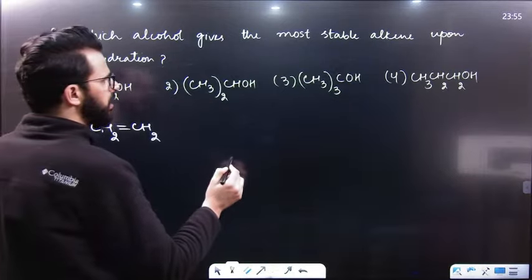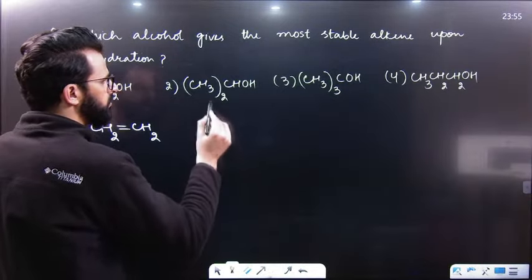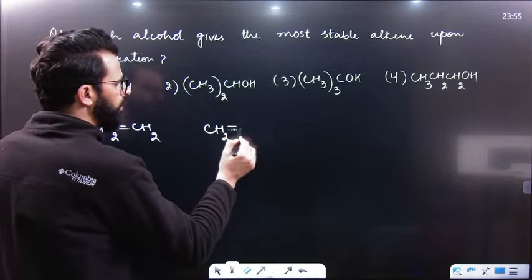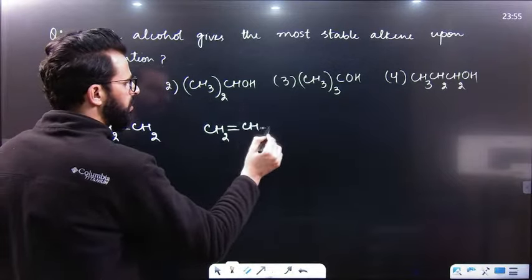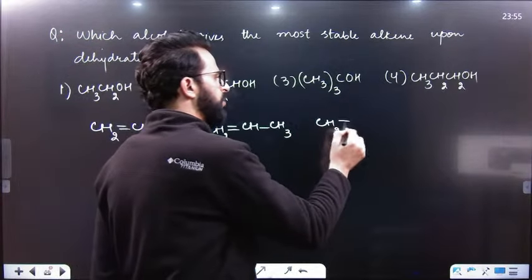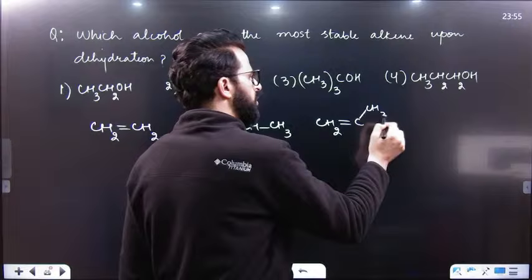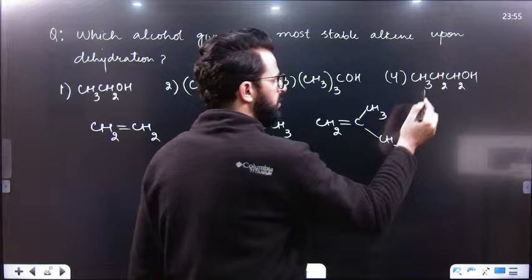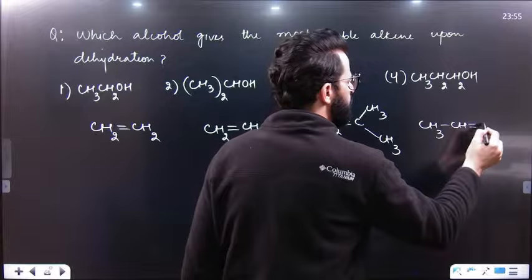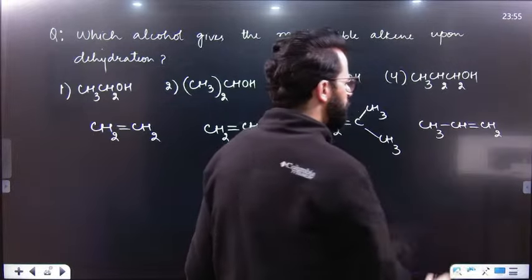Here, the alkene formed will be like this. This is actually CH3, so it becomes CH2, double bond CH, and then once again CH3. Here it is CH2, double bond C, single bond CH3, single bond CH3. Then here it will be CH3, single bond CH, double bond CH2. So these are the alkenes.